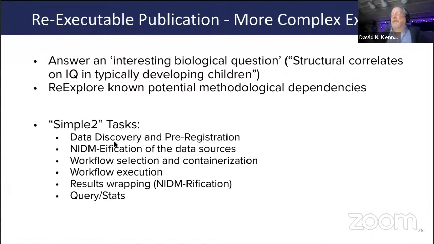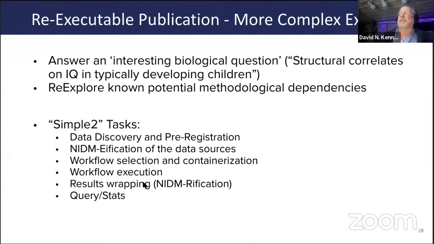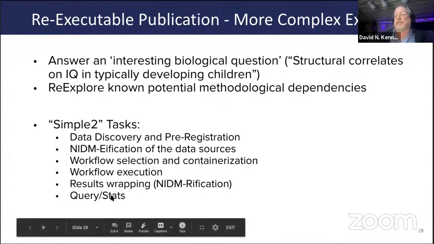We need to prepare that data in a semantically appropriate way. We need to select a workflow that makes the measurements that we need. We need to execute that workflow. We need to make sure our results are represented in that semantic representation. And then we need to query that and do the statistics that verify or replicate the findings that we developed from the literature.